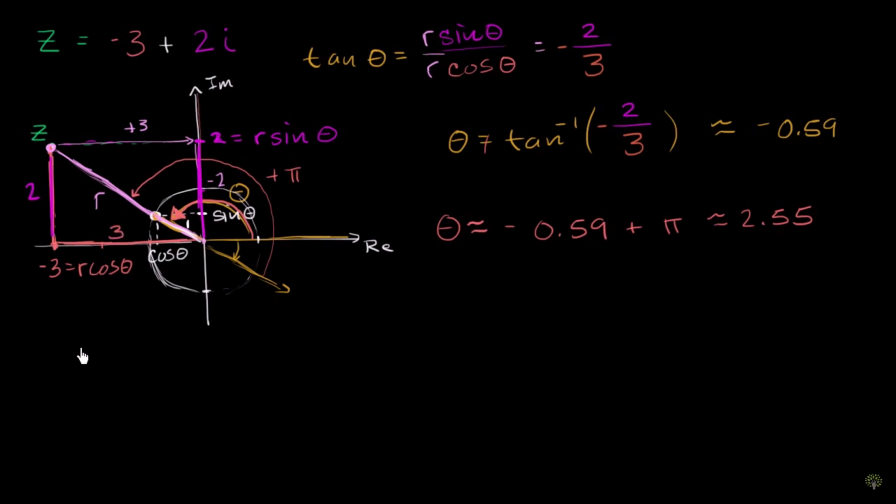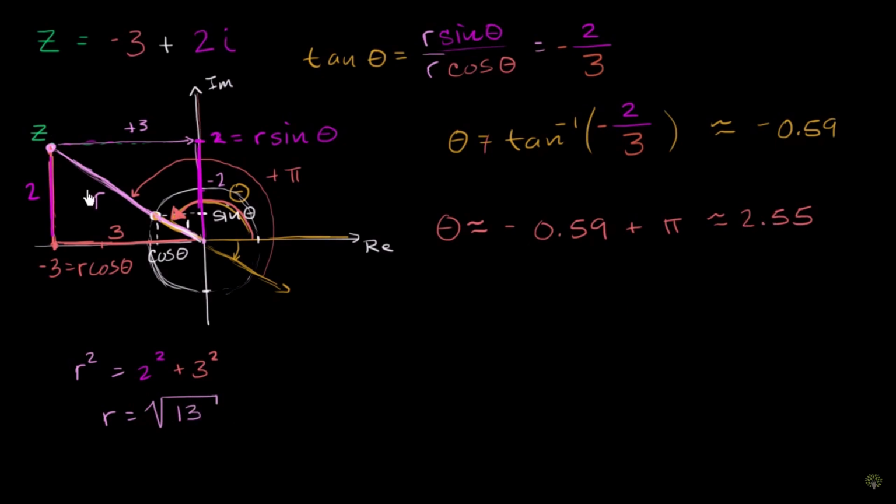So we know from the Pythagorean theorem that r squared is equal to 2 squared plus 3 squared, or that r is equal to the square root of 4 plus 9, which is 13. And so there we have it. We know r is equal to the square root of 13, and theta is 2.55 radians. So using that information, we can now rewrite z in terms of r and our theta.